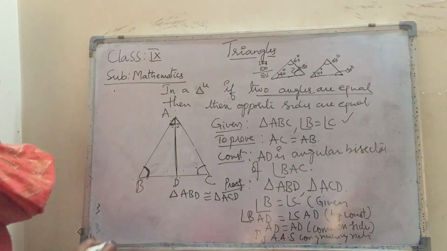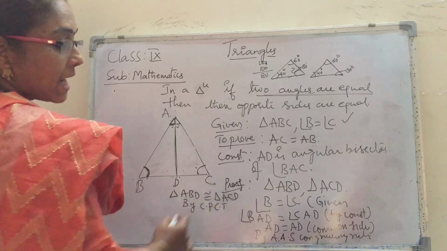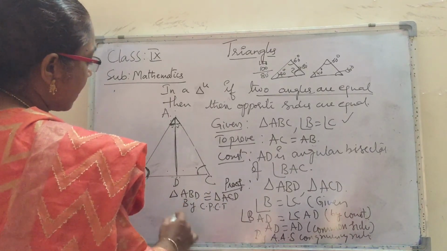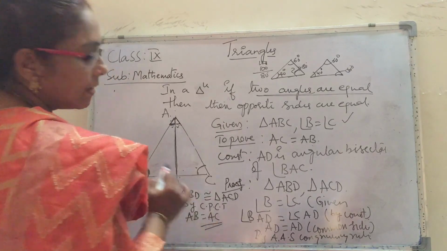Okay children, now by CPCT what can we say? CPCT means corresponding parts of congruent triangles. By CPCT, which are the equal parts here? AB and AC are equal.